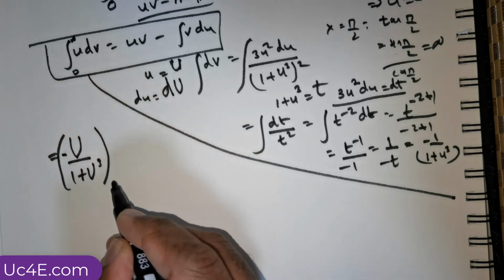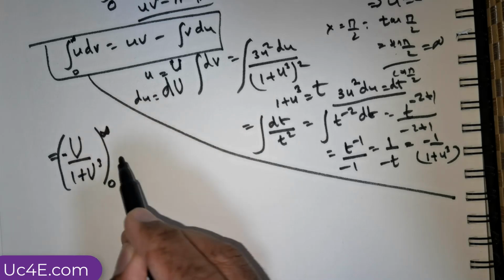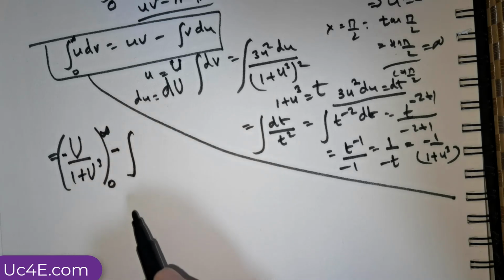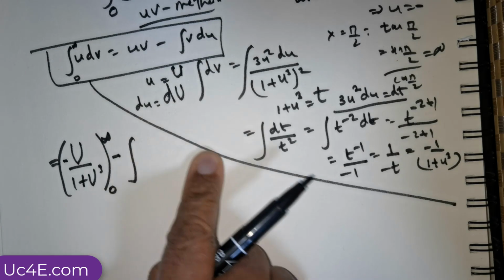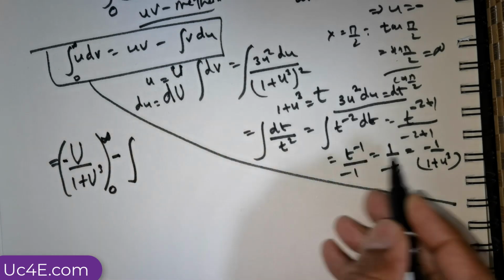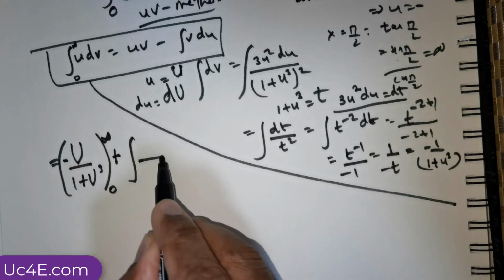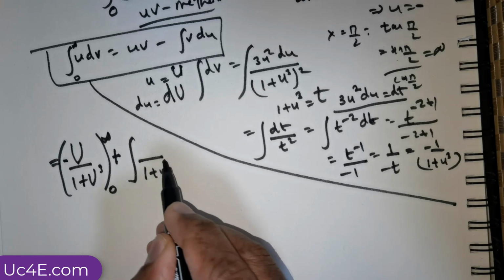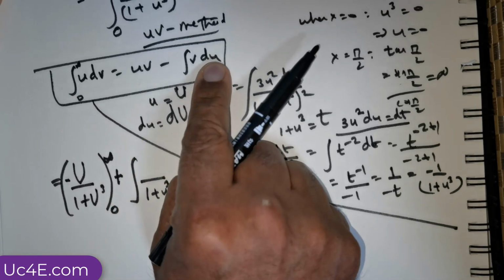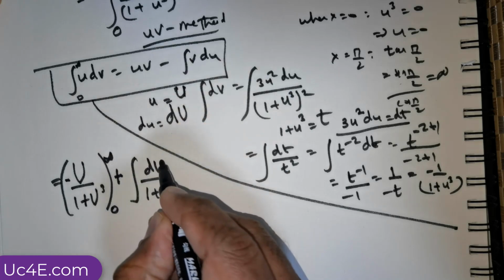Now I can place the limits. The limits are 0 to infinity, negative integral, my v is obtained here, so it's going to be negative of 1 over 1 plus u cubed. That's going to be positive, so 1 plus u cubed is here. My du is nothing but du, right?